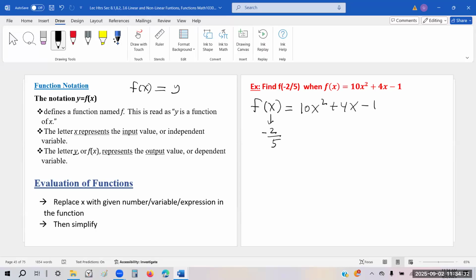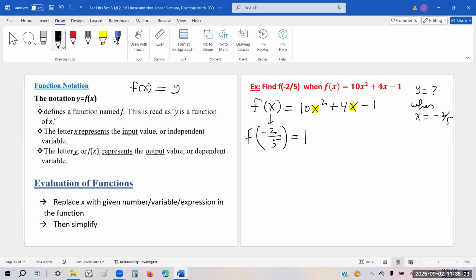So what's the y when x is negative 2/5? Basically, this is what they're saying: find f of negative 2/5. It means replace every x you see in your function with the x value negative 2/5, and then you simplify using algebra.